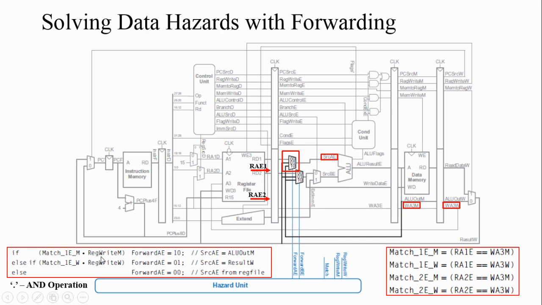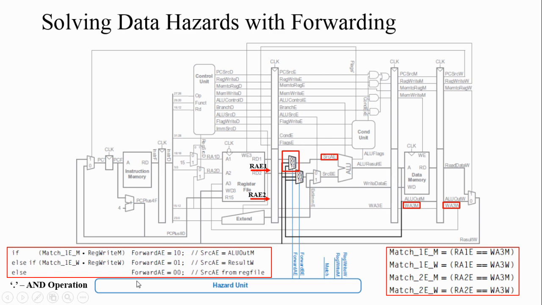If both these conditions are not there, then ForwardAE will be 00. ForwardAE 00 means the previous register output will be sent to the ALU, right? So these are related with the source A of the ALU.